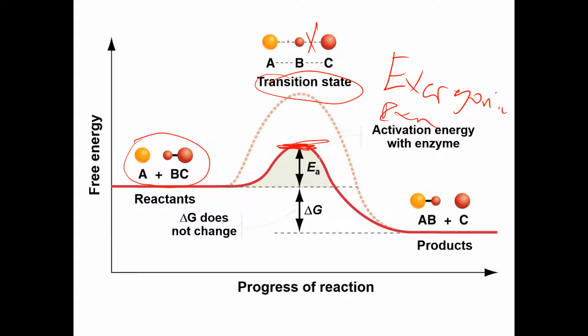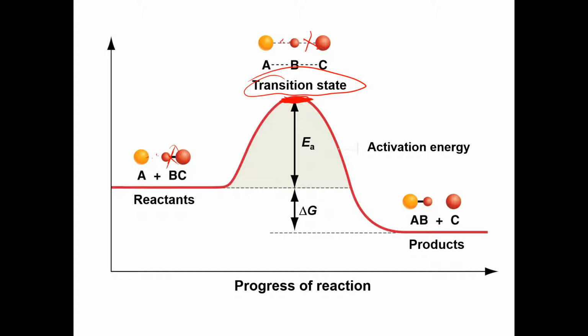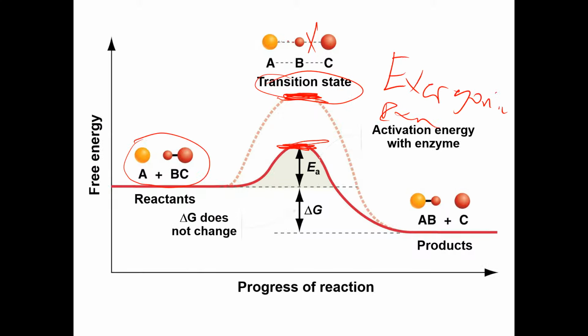It still has an activation barrier it has to get over to move forward. So the cell has to input a little bit of energy to get the reaction moving. But notice that the amount of energy that's released in this reaction stays the same, whether you have an enzyme or you don't.